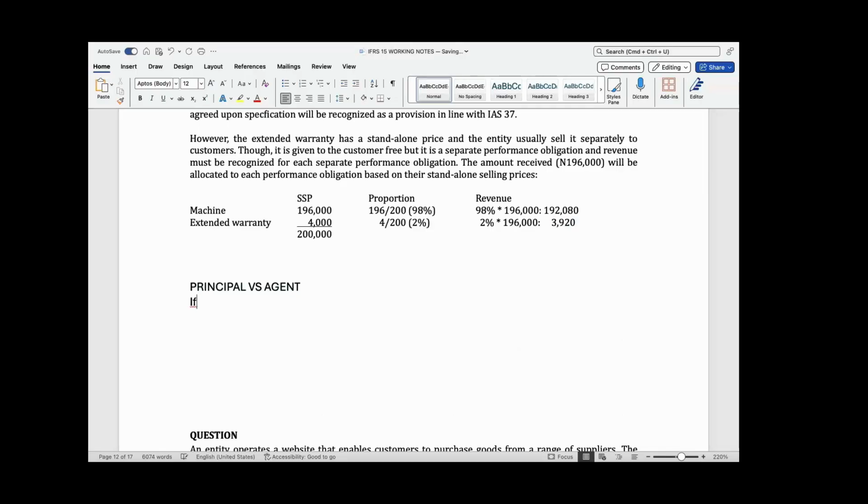Because if an entity is acting as a principal, the revenue recognized is equivalent to the gross amount received.